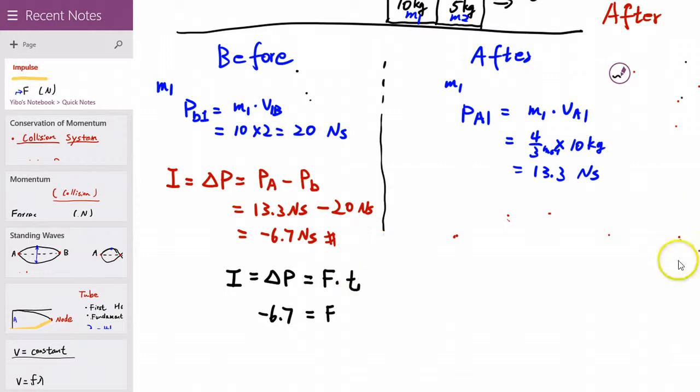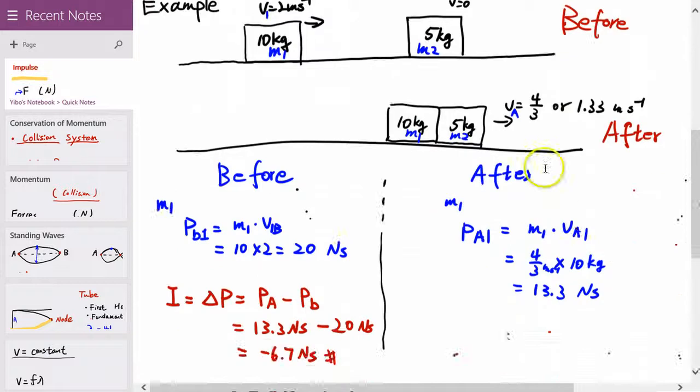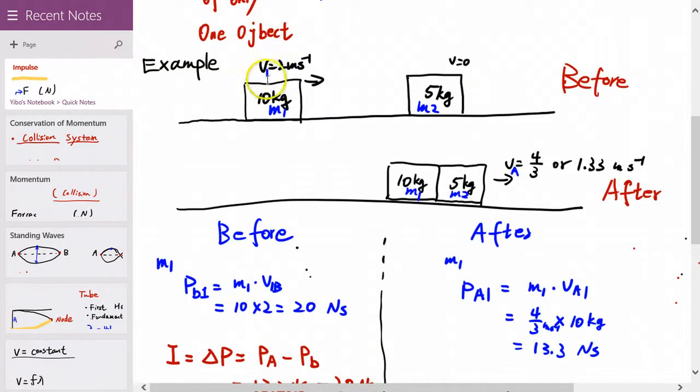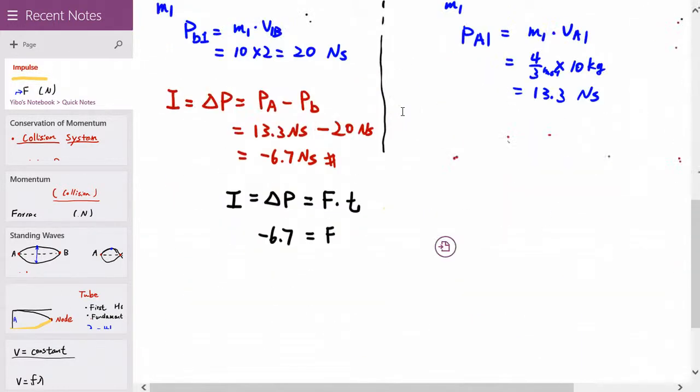So if you have a look at this again, that's before the collision, that's after collision. Assume during the collision, the collision time is, say, 2 seconds.